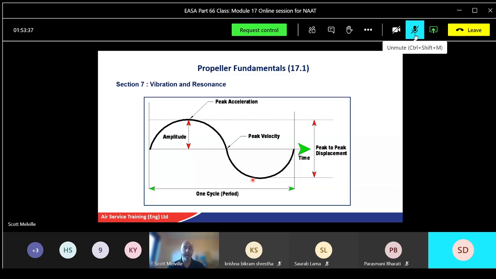Now, resonance. You might have heard of some opera singers with a high pitch ability in their voice. You've probably seen it in some films and on YouTube: if they match the frequency of a glass, they can actually shatter the glass. An amazing ability. So again, in an aircraft, if the frequency matches some other frequency within the aircraft, that can cause a lot of detrimental effect. And obviously, massive vibration, especially with turboprops and propeller engines.